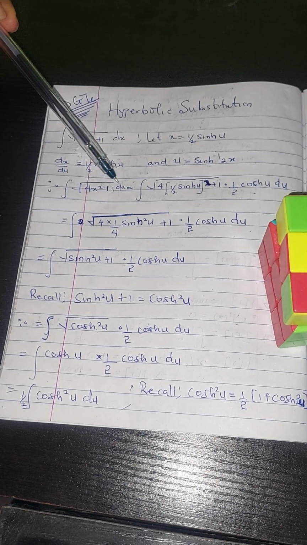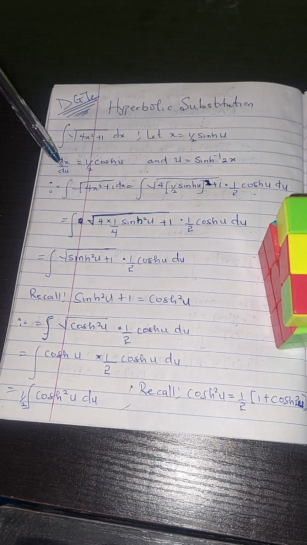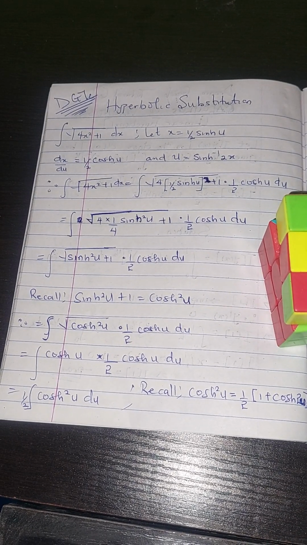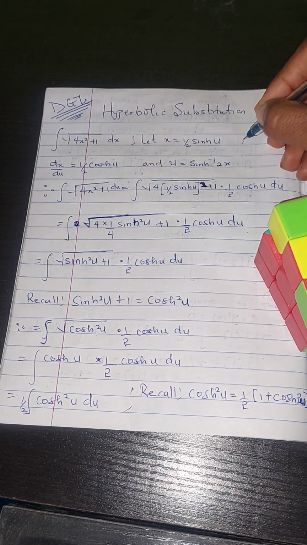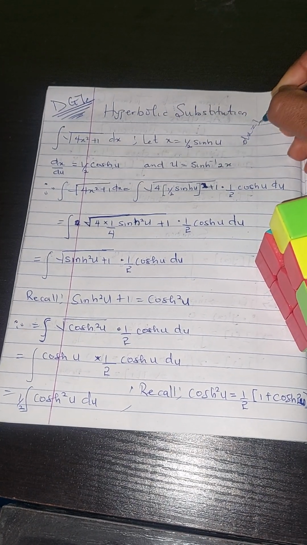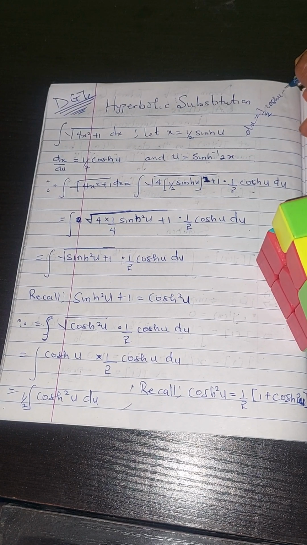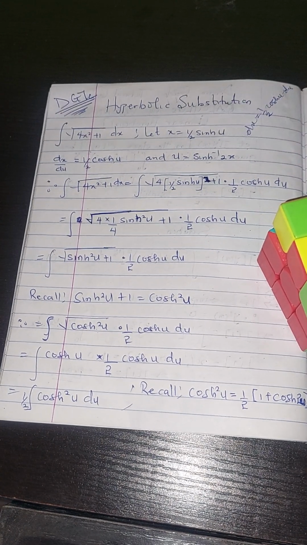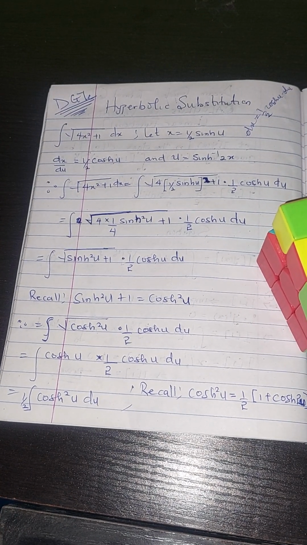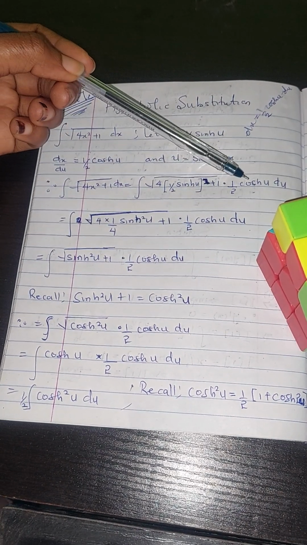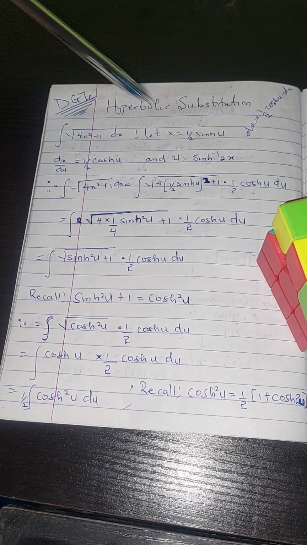Now, what's your dx? From here, if you cross multiply, dx equals 1 over 2 hyperbolic cos u du. So I'll have 1 over 2 hyperbolic cos u du.